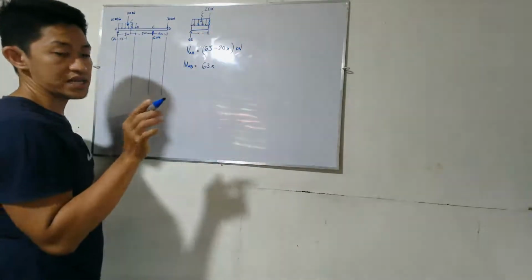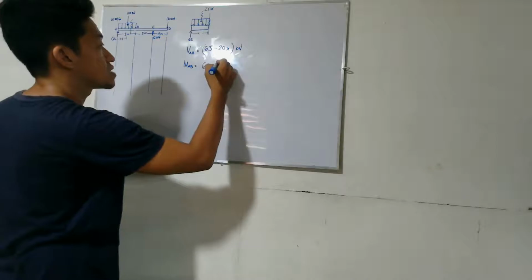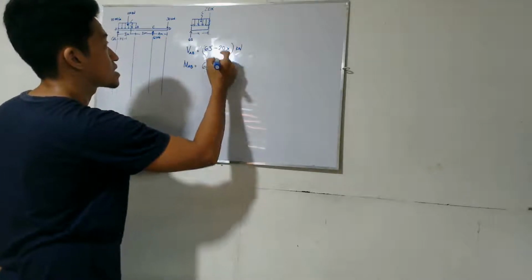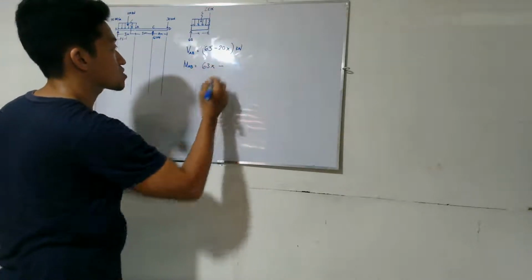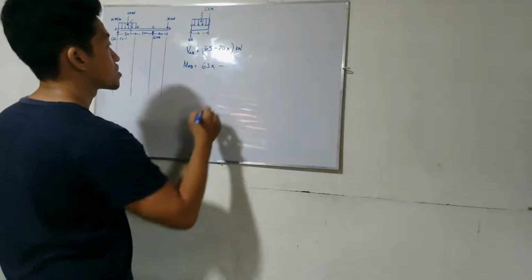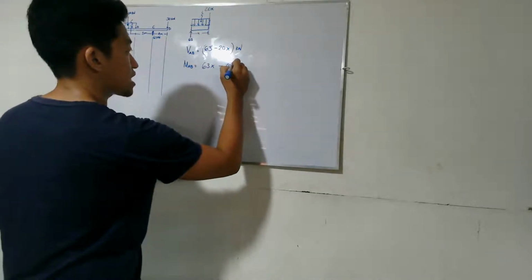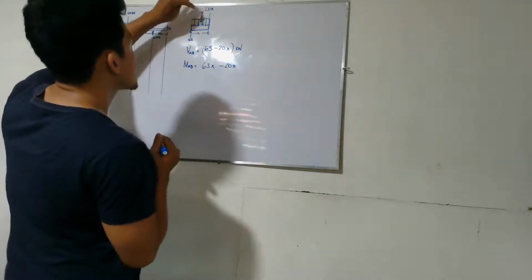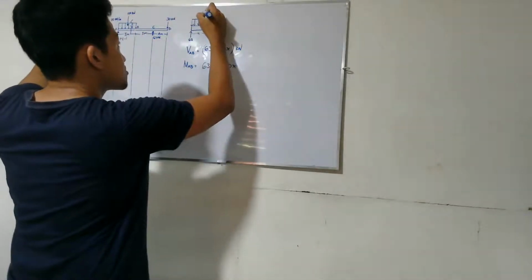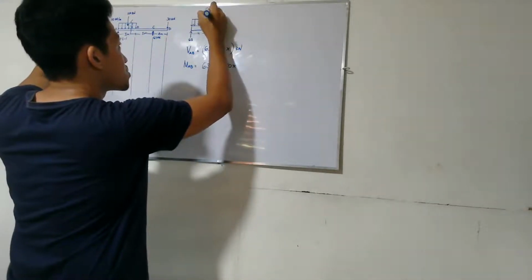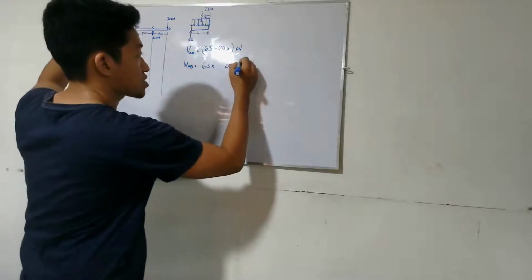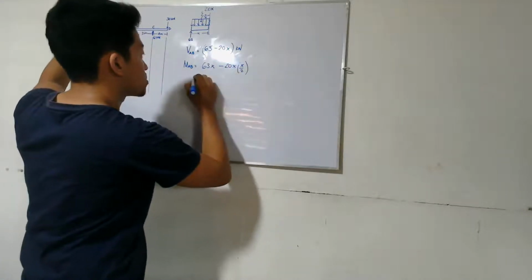Clockwise positive. 63x kani kay paana, so minus 20x. 20x man nga load kani. O niya ang moment arm niya kani nga moment arm x over 2. So times x over 2.